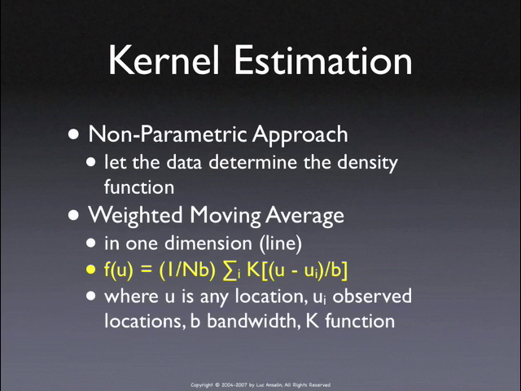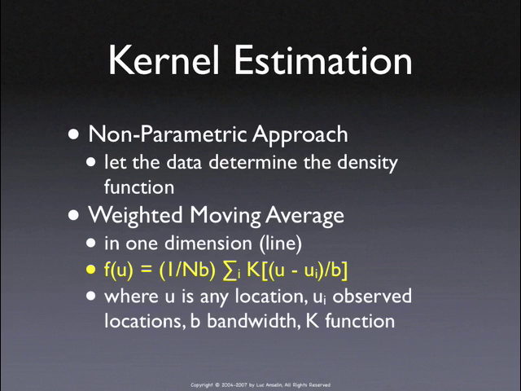You can think of a kernel as being an interval that you put over the data. Think of equal distances, and at each distance you put some kind of tent over the data, and you give more weight to points, to locations that are closer to the center than further away.